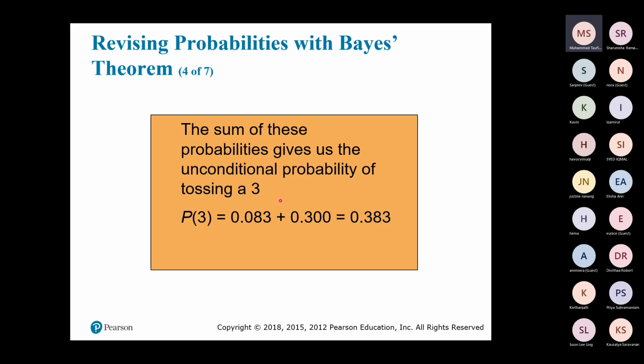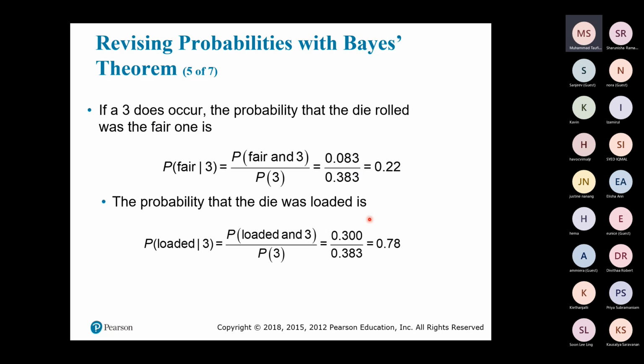So the probability of getting number 3 from the two dice is 0.083 plus 0.3, equal to 0.383. So this is the probability you will get number 3 out of two dice.